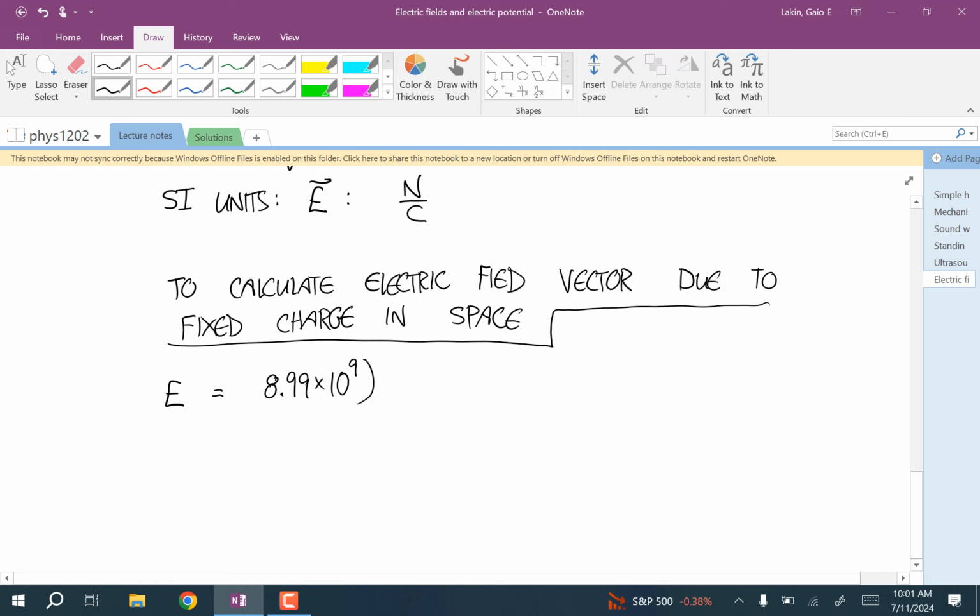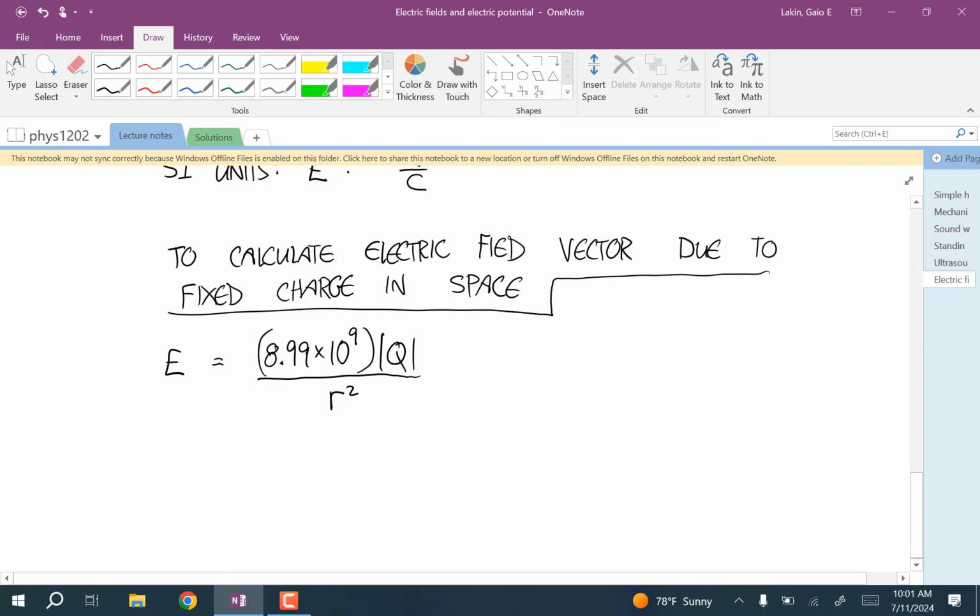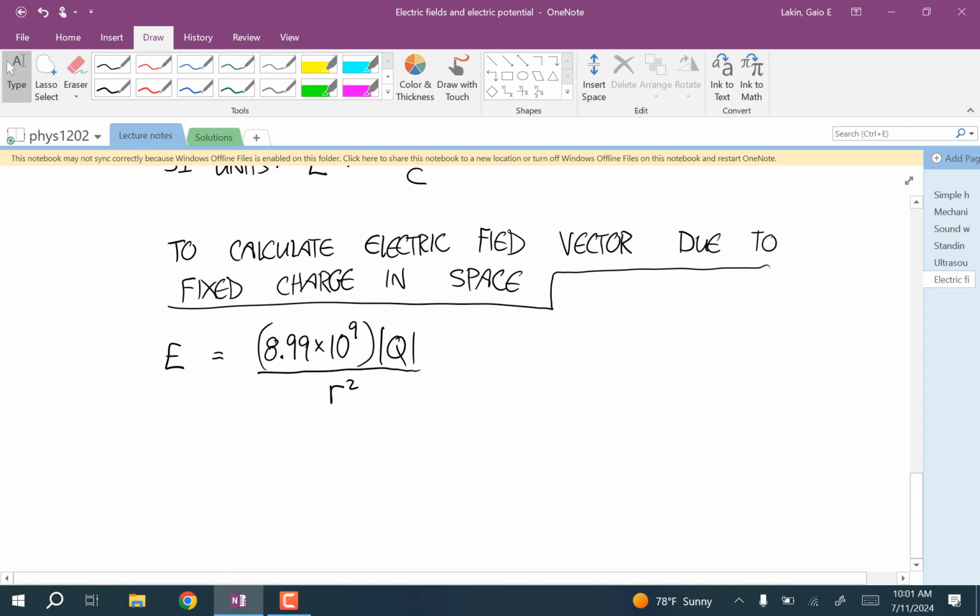I'm going to leave the units off to make this look cleaner, but this is in SI units, times the absolute value of the fixed charge divided by r squared, where r is the distance from the fixed charge to the point where you're trying to calculate this. Okay, so there's a fixed charge in space that lays out this field, and then you're calculating the electric field vector at your chosen location.